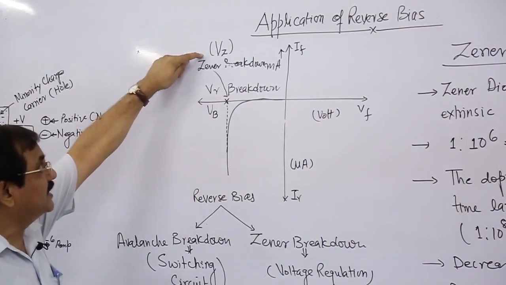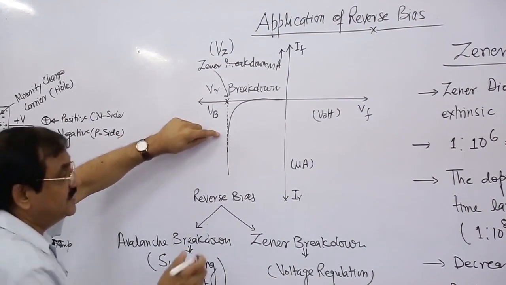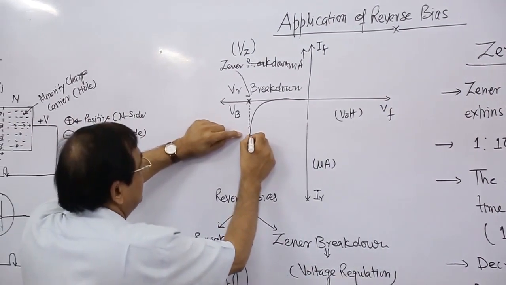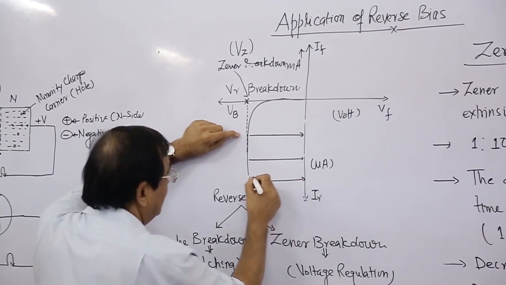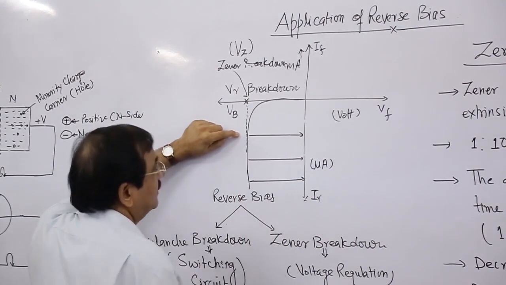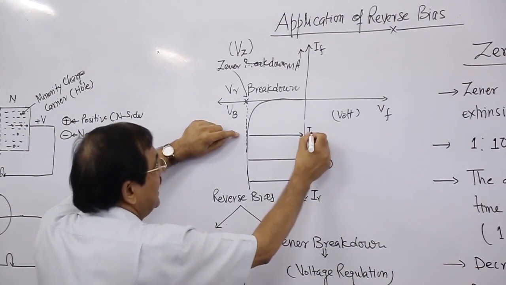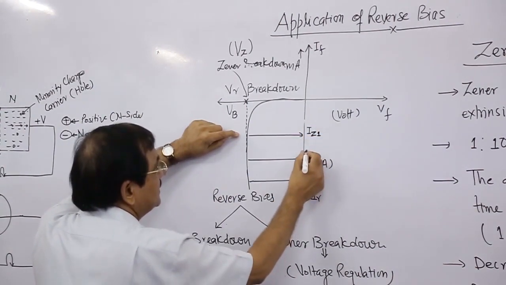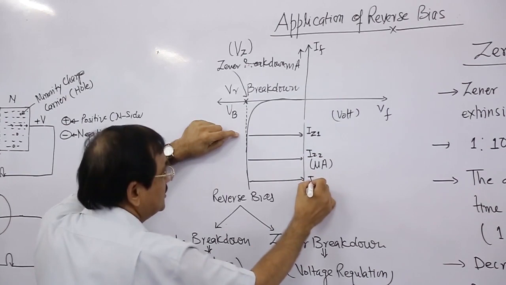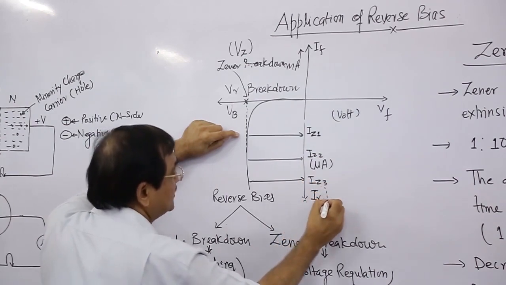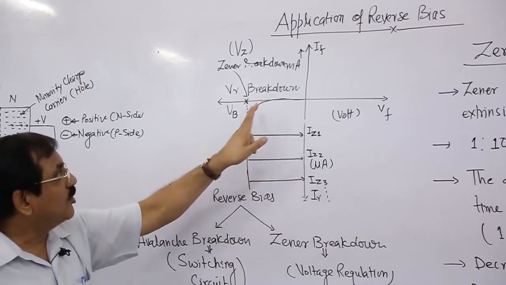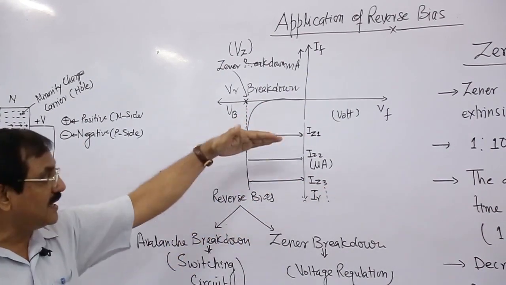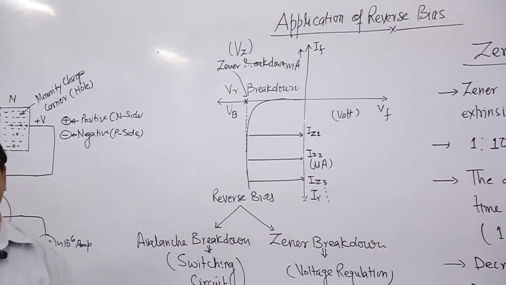At this particular Zener voltage, there are several amounts of current at a constant voltage. We can have IZ1, IZ2, IZ3, etc. So, at a constant voltage, there are several currents across the Zener diode.